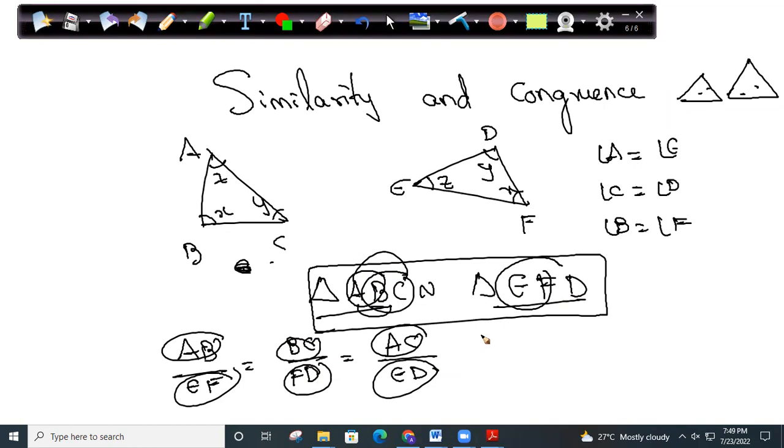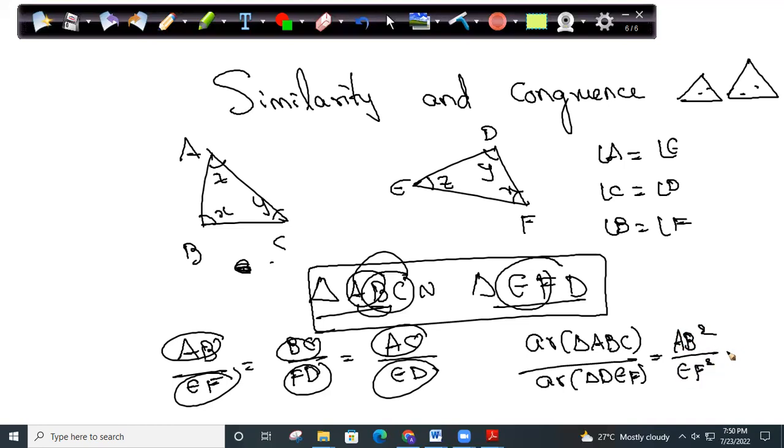AB by EF is equal to BC by FD is equal to AC by ED when two triangles are similar. And if two triangles are similar, the ratio of the area of triangle ABC to the area of triangle DEF is equal to the squares of their corresponding sides. So AB square by EF square, BC square by FD square, AC square by ED square.